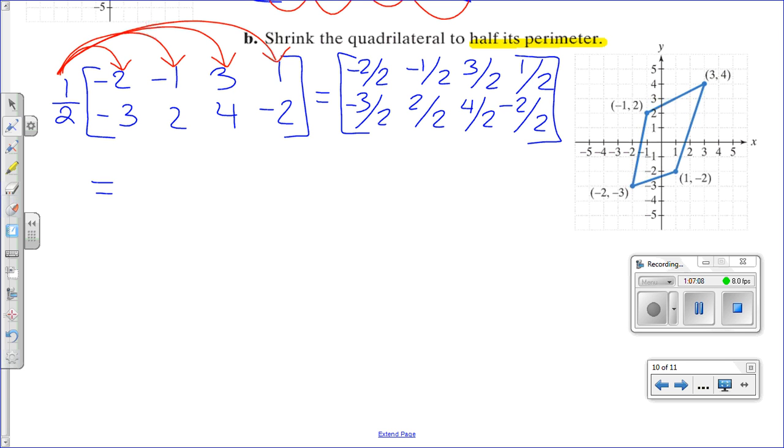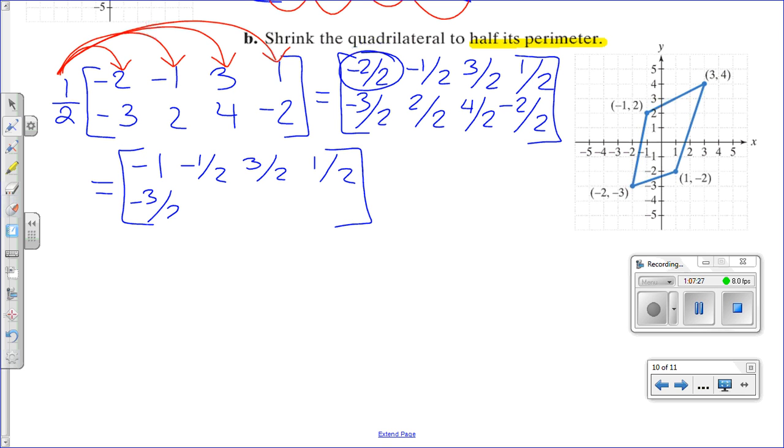Now I'm going to simplify by dividing the numbers that are divisible by 2. So the first one, -2 divided by 2 is -1. And then we have -1/2, positive 3/2, positive 1/2, -3/2. 2 divided by 2 is equal to 1. 4 divided by 2 is equal to 2. And -2 divided by 2 is -1.